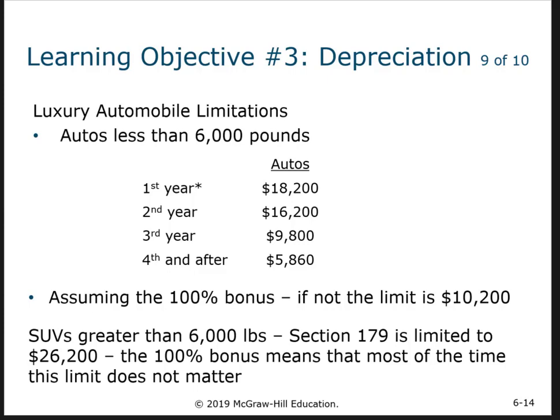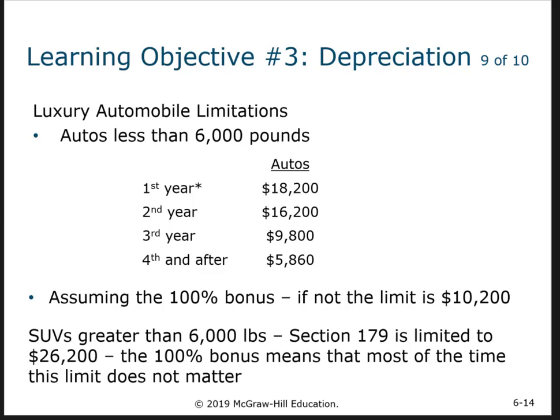So, we mentioned earlier this luxury automobile limitation. For automobiles that are less than 6,000 pounds gross vehicle weight, basically anything that's not a big SUV, any regular automobile, certainly any of your regular passenger vehicles, there's a limit on how much depreciation.